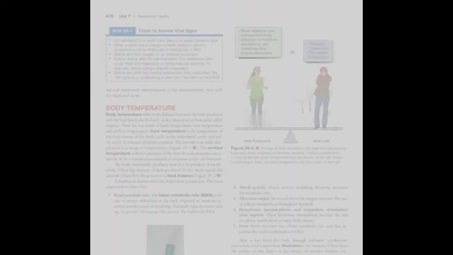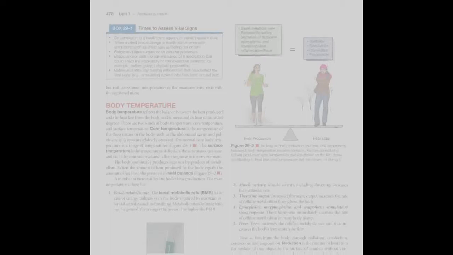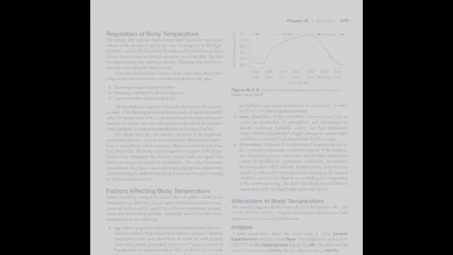M29B_BERM. 4362_10_SE_CH29.IND 477 February 12, 14, 5:51 p.m. 478 Unit 7 Assessing Health. Number 153613 CUST, Pearson O. Berman PG Number 478 Title, Kozier and Erb's Fundamentals of Nursing 10.